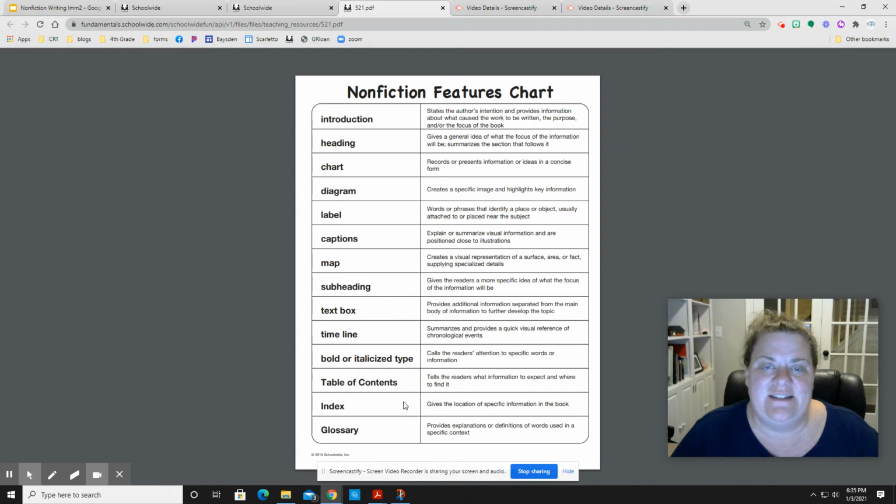And finally, a glossary. We had that in our oceanography book this week. That glossary gives definitions for words. So that is going to be a visual representation of words that we might not know, or words that authors think we might have trouble with.